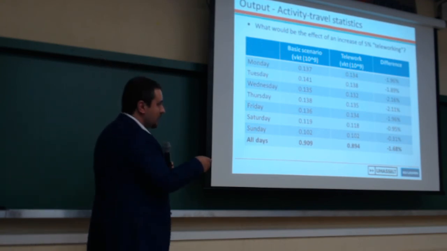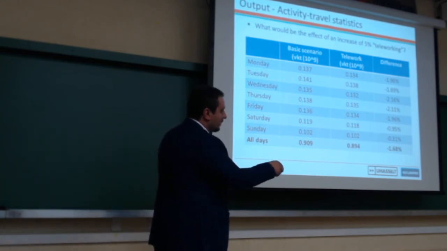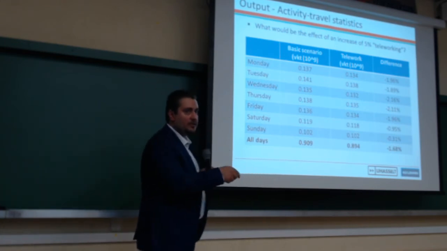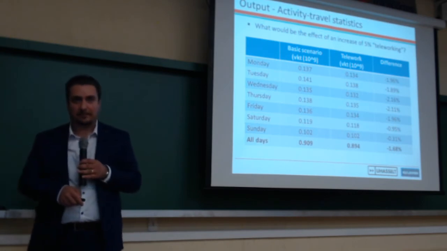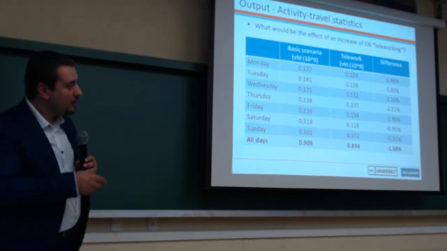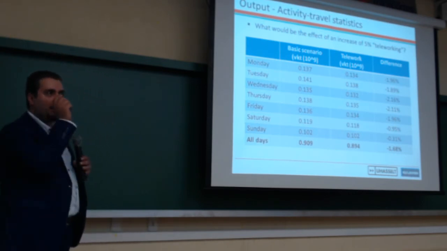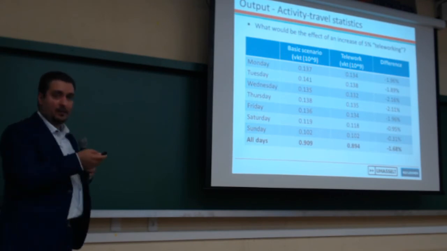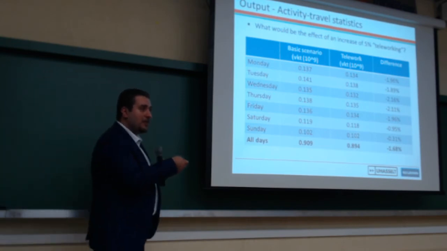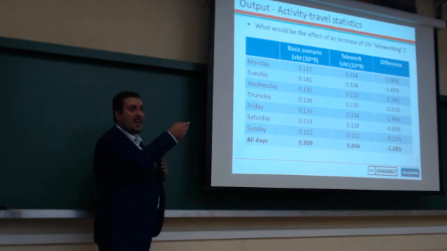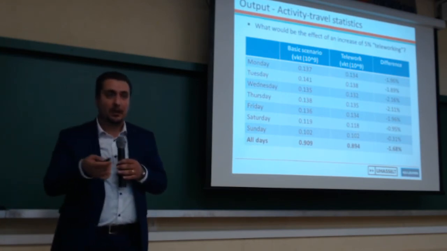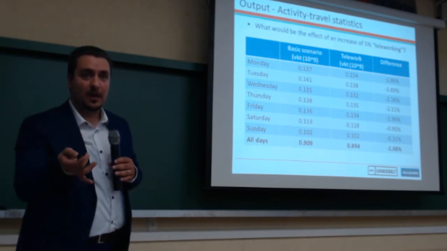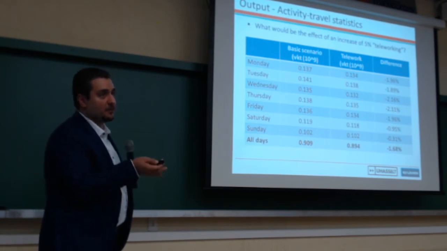And that's why you see the most decrease on a Wednesday, right? So you can see that one specific travel demand management scenario, teleworking, and it's only 5%, can have different impacts not only on different transport modes, but also on different days of the week, right?